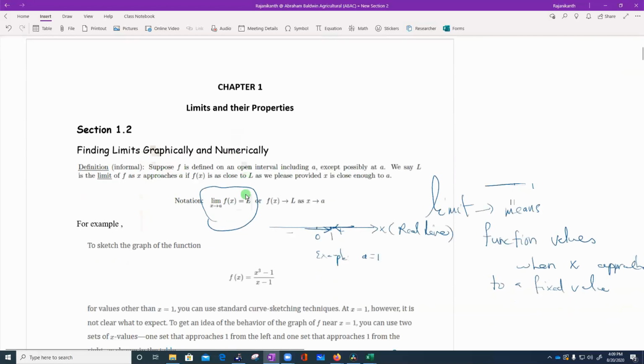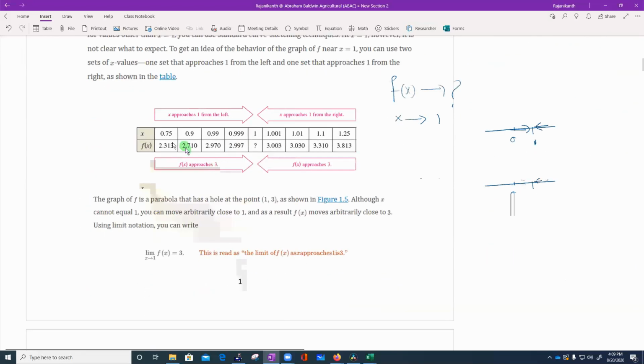The numerical method means you are plugging in some possible x values very close to 1. From the left side, you have to pick real numbers very close to 1 but in the left direction, therefore numbers smaller than 1. This side is smaller than 1 and the right side is bigger than 1.